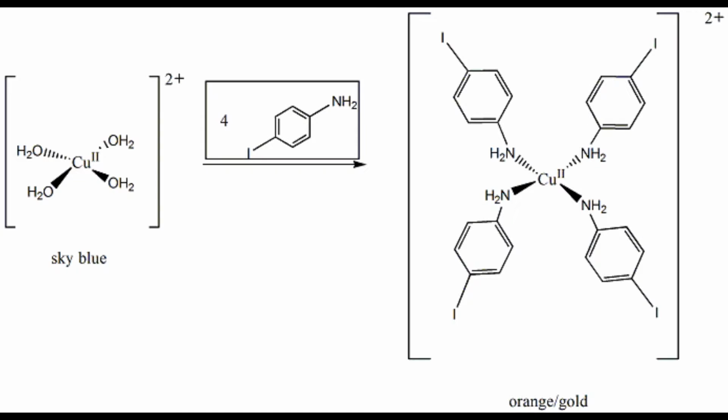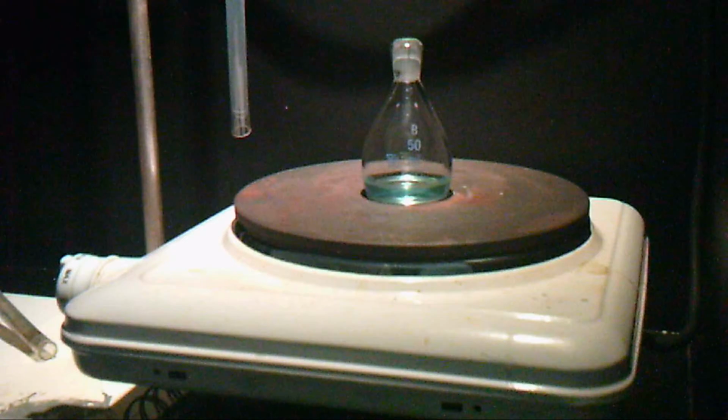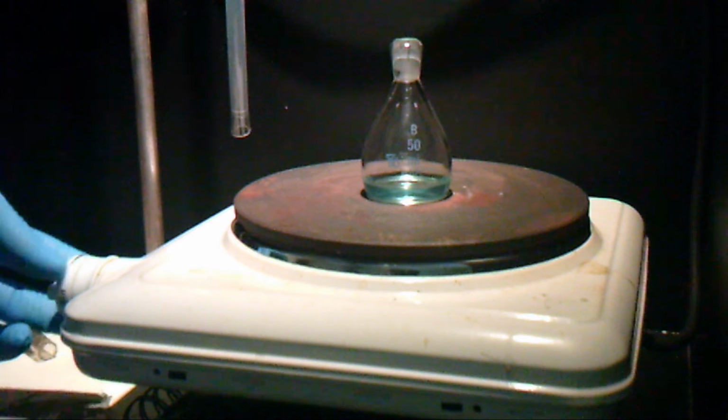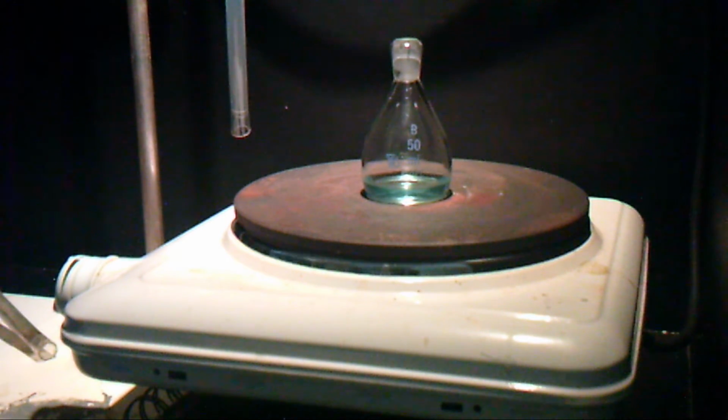The reaction that will happen is a ligand exchange between the waters and 4 iodoanilines. The molecule is square planar as you can see and will have a very strong change in color, which will indicate that the reaction happens.